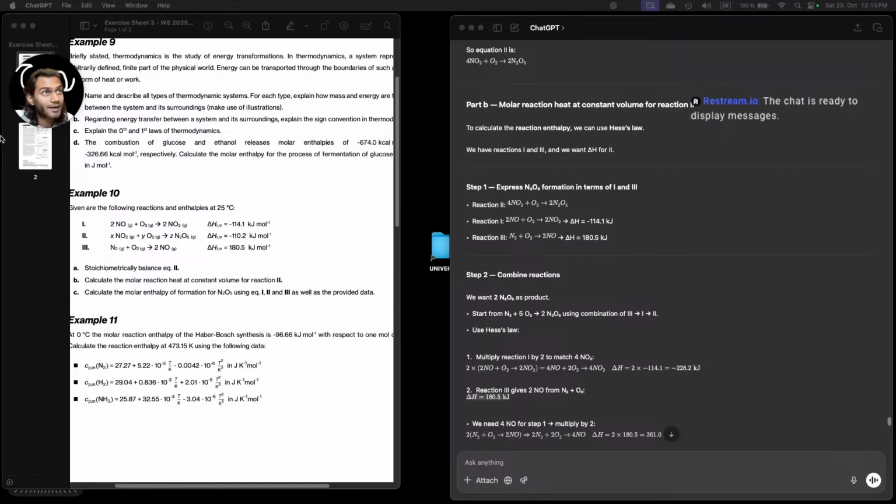And that's the enthalpy of formation, delta HF equals 180.5 kilojoules per mole. Yep, it's the answer.